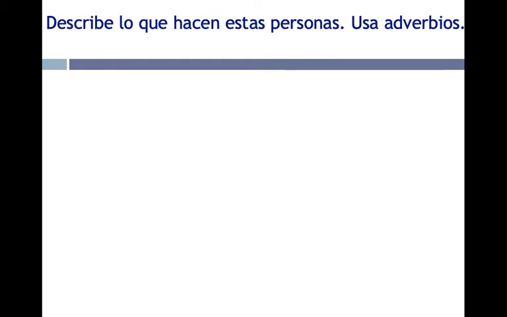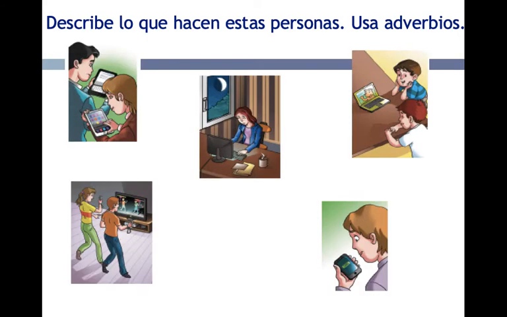So now, una actividad. Describe lo que hacen estas personas. Usa adverbios. Describe what these people are doing. Use adverbs. The first one, they are playing video games constantly. So in this case, we're using we.